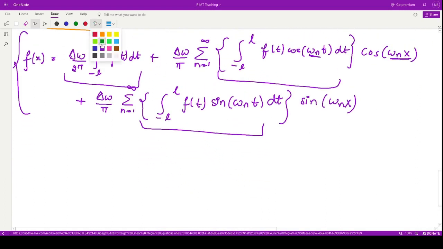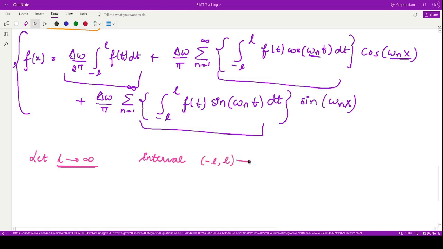Now the next thing that we'll be doing here is we will let L tend to infinity. Why? Because we are now interested to see what this representation is on the whole real line, so the interval which earlier was going from minus L to L now will go from minus infinity to infinity. And that is what we aimed to do here.